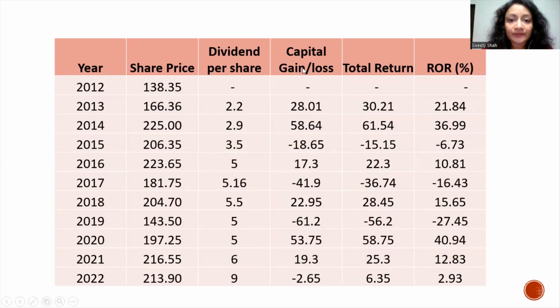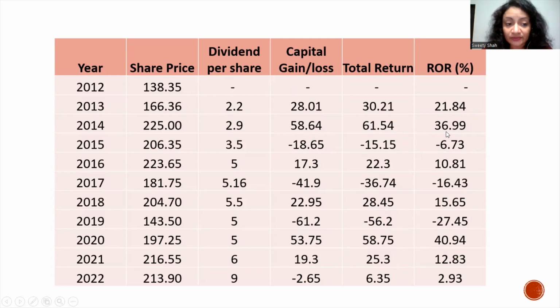To calculate the capital gain or loss, we apply 225 minus 166.36, which would be 58.64. So the total return would be 61.54, and the rate of return would be 61.54 divided by 166.36, so the return value would be 36.99.